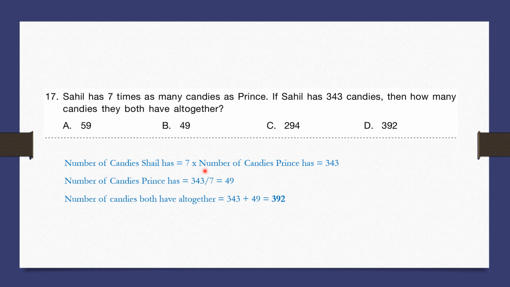So now we can calculate the number of candies Prince has equals 343 divided by 7, which is equal to 49. Now we have to calculate how many candies they both have altogether. So Sahil has 343 candies and Prince has 49 candies. If we add both of these, we get 392. So our answer is option D.